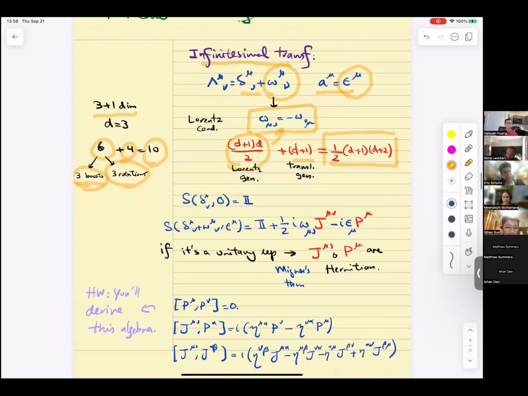Once you take this S matrix representation and expand it, it's conventional to put these factors of i, omega mu nu, and a half. These are the 6 generators of the Lorentz transformations, and these are the 4 generators of translation.